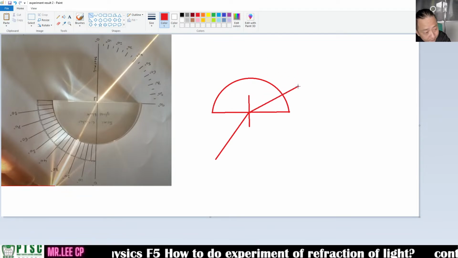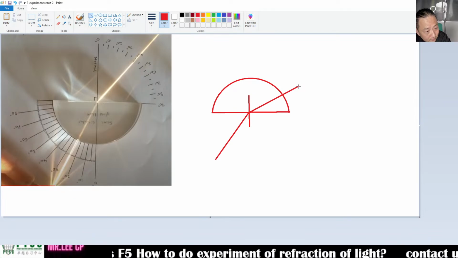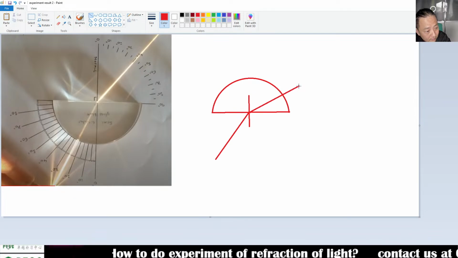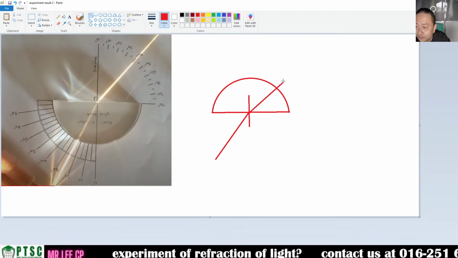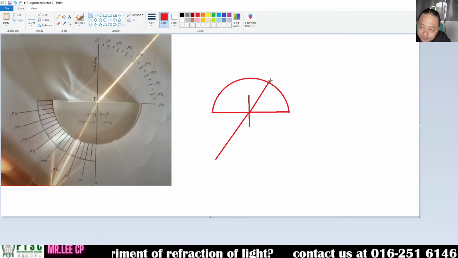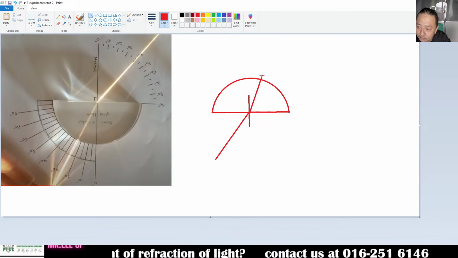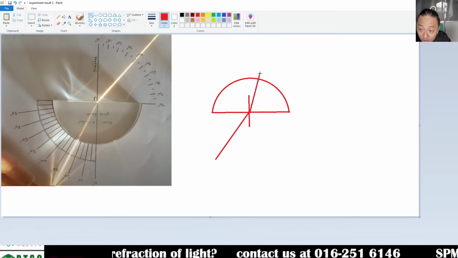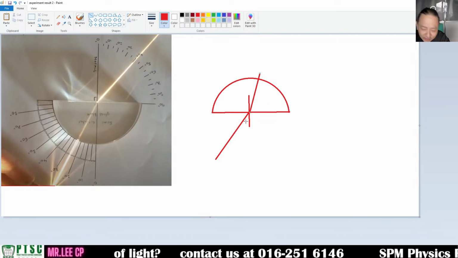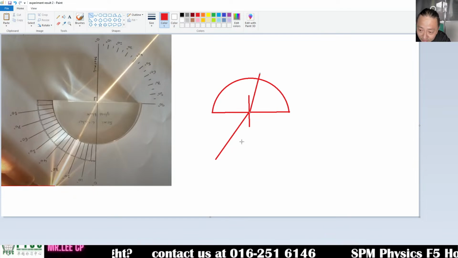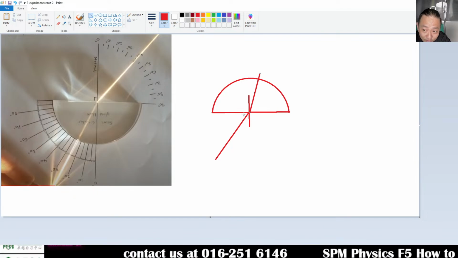Toward or away? Alright, so 10, toward. I start from 20, still toward. Toward means this one is 20, this one is less than 20.